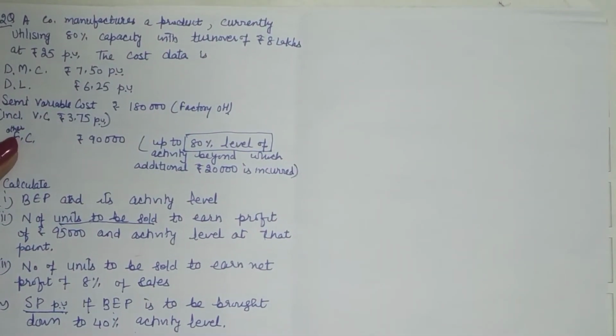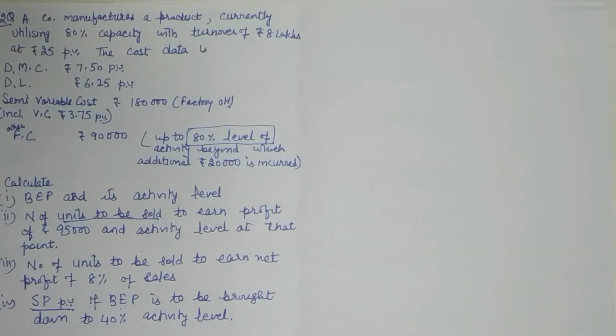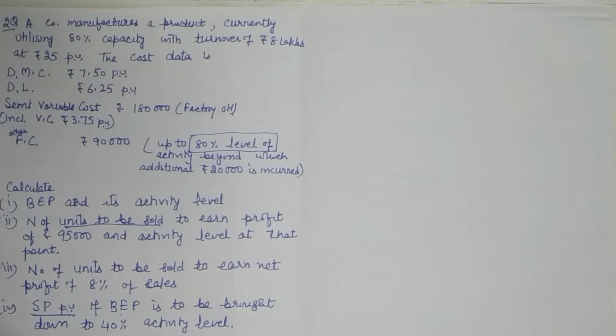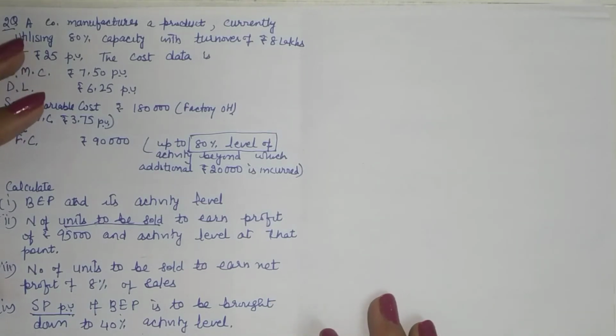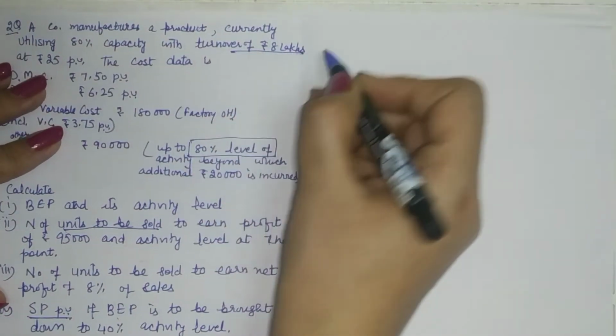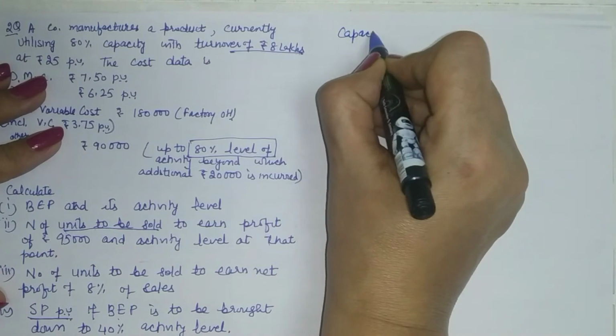Now a company manufactures a product currently utilizing 80% capacity. That is, at 80% capacity utilization, you are having a turnover of 8 lakh.